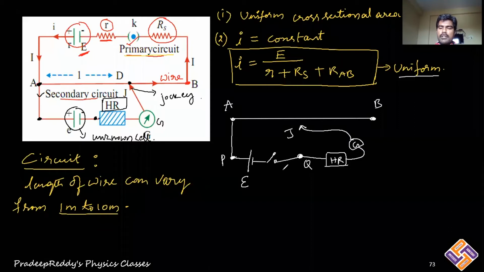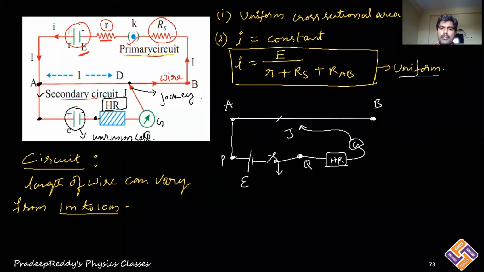You will be switching on this tap key, and this jockey is placed initially at point A. And when the jockey is placed at point A, you will be just sliding the jockey on the wire AB, and you will be measuring the galvanometer reading.